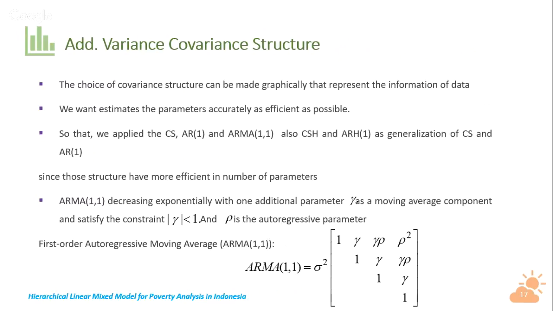We also added one structure, autoregressive moving average, where the moving average parameter is one and the autoregressive parameter is of first order. Adding a small edit like one ARMA structure could be one paper. There is no need for hard work.